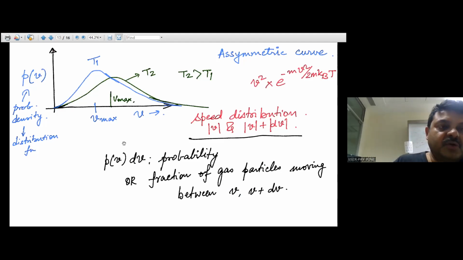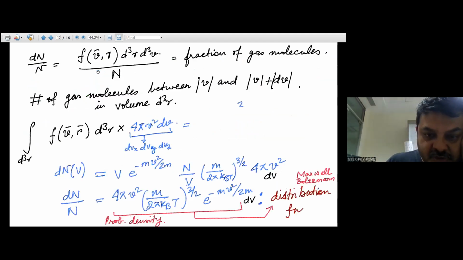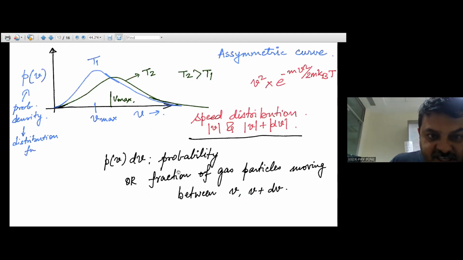Right? And how does it look? So if we call this the probability density or the distribution function for a particular temperature T1, then I would ask you to note that you have a v square into e to the power minus mv square. So if the x-axis is v, then P of v has v square, which is a sharply increasing function, right?